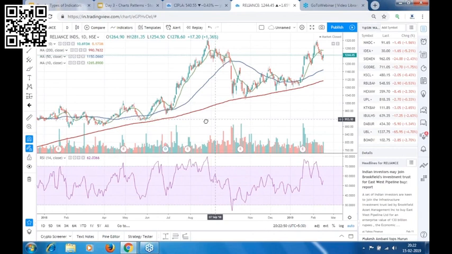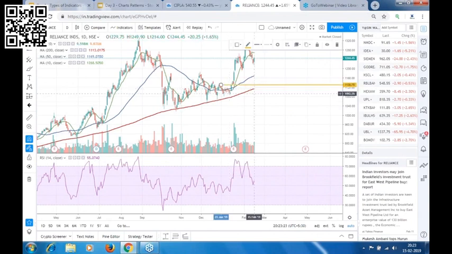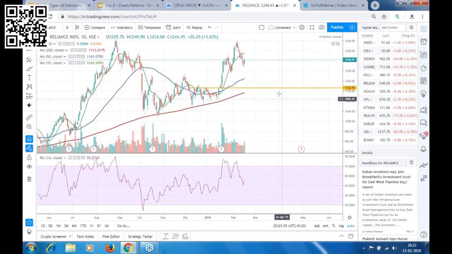Say if we entered our trade at this point, when the 10 period moving average crossed the 50 period moving average in an upward direction, that is around 11:30, because there was this small resistance for the stock, as the stock was retracing from the same level again and again. So once we get a breakout from this level and the 10 period moving average crosses the 50 period moving average, we can see a rally in the stock.